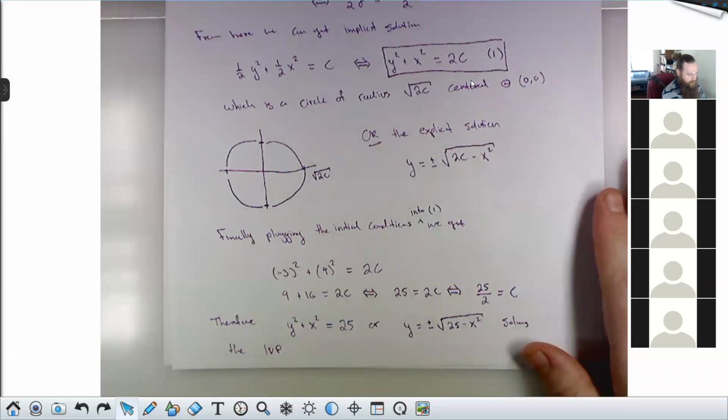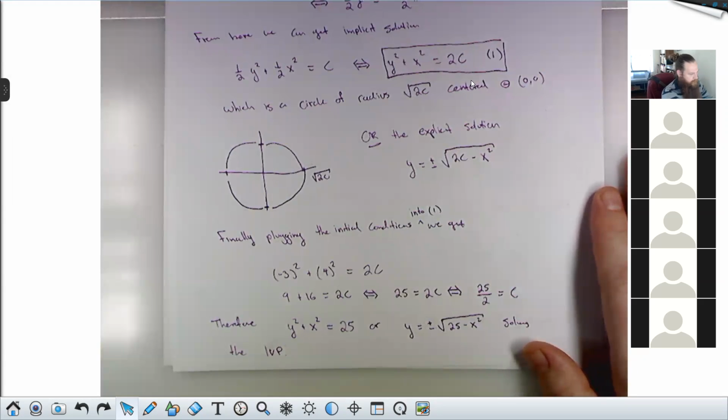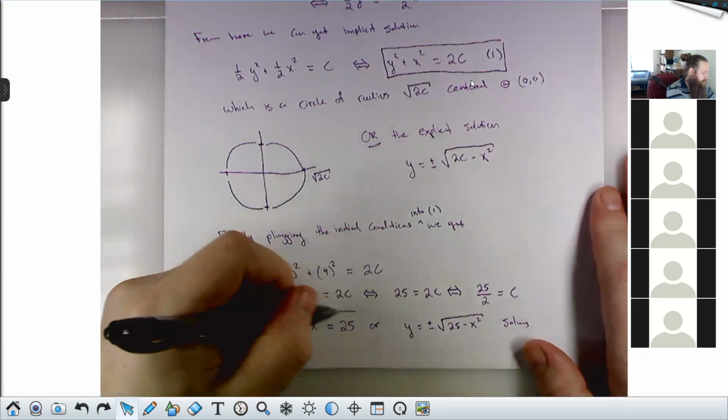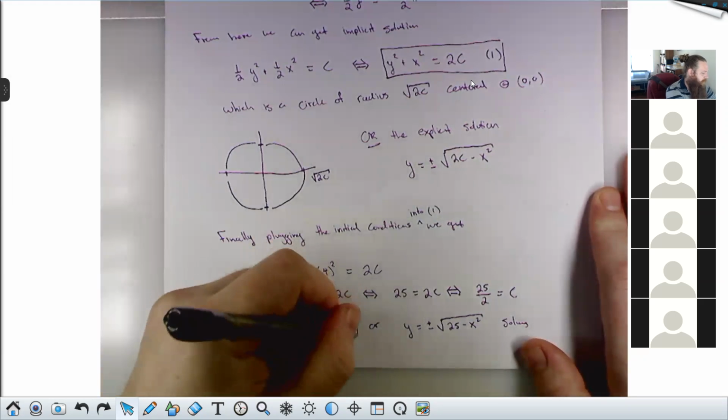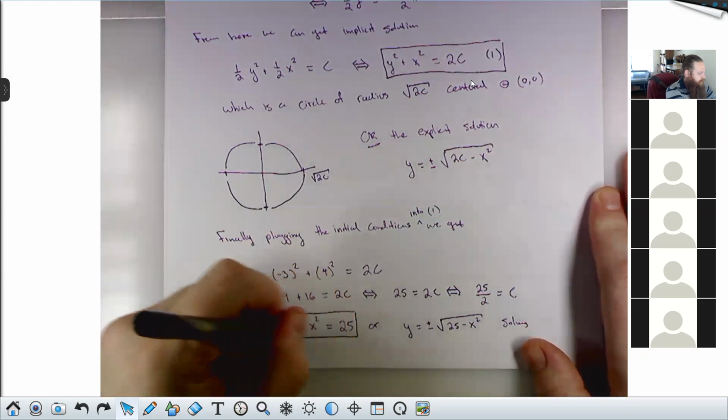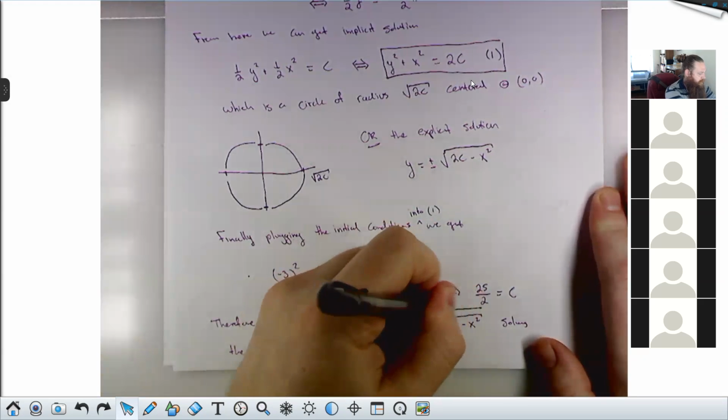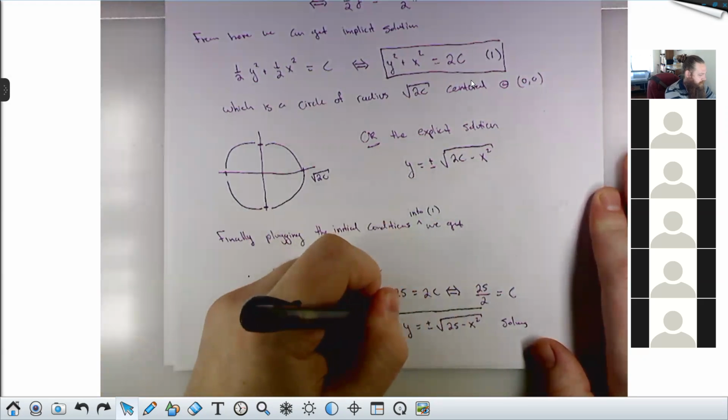So your final solutions here. This is good. The final answer would be this if an implicit expression is okay, or this if an explicit expression is required.